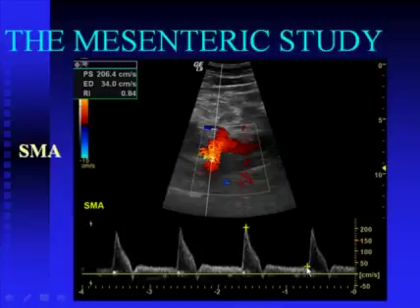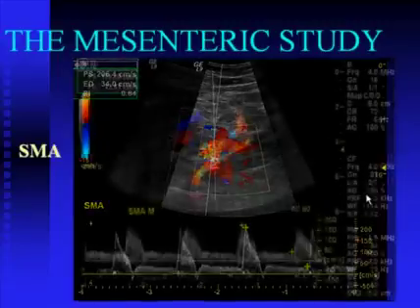The waveforms are surprisingly similar in those vessels. But in a fasting state, simply remember the superior mesenteric artery is a high resistance vessel. The gut has nothing to process, it is not demanding blood flow, and the small vessels in the gut are fairly constricted at that point.